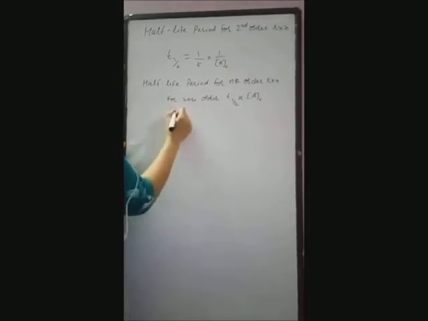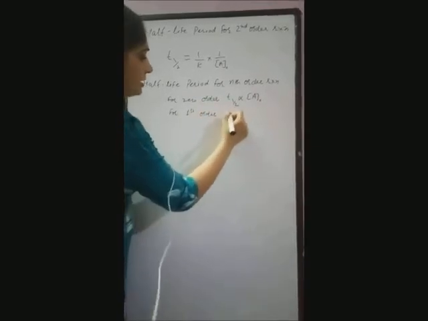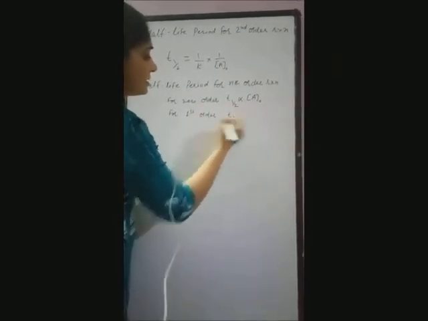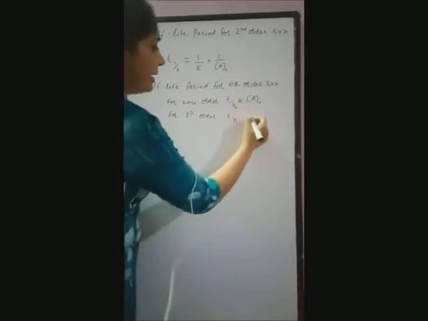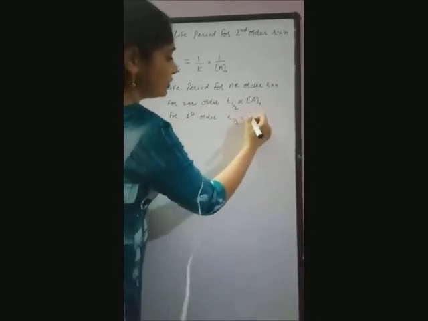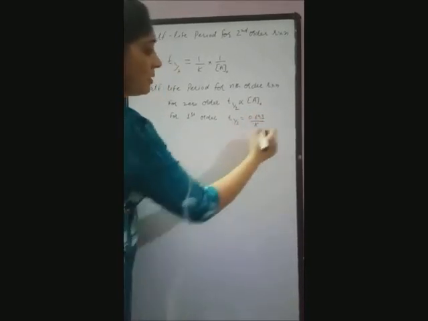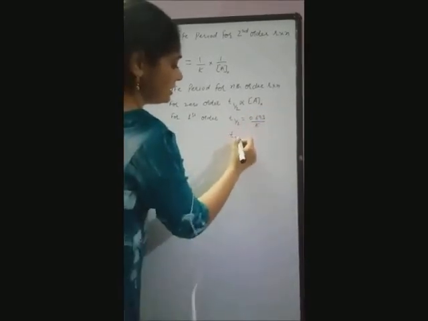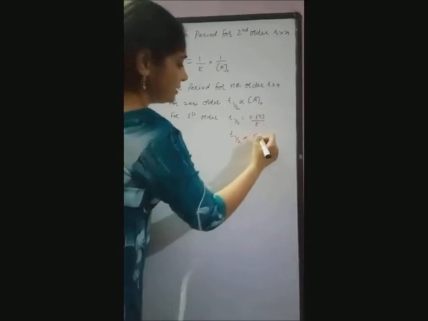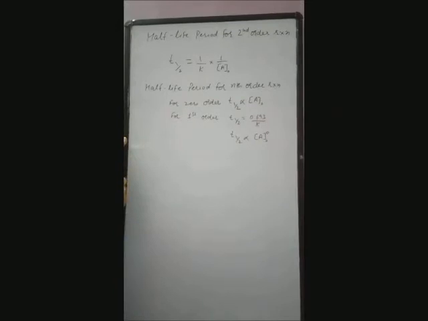And for first order reaction, T half is equal to 0.693 upon K, independent of the initial concentration.